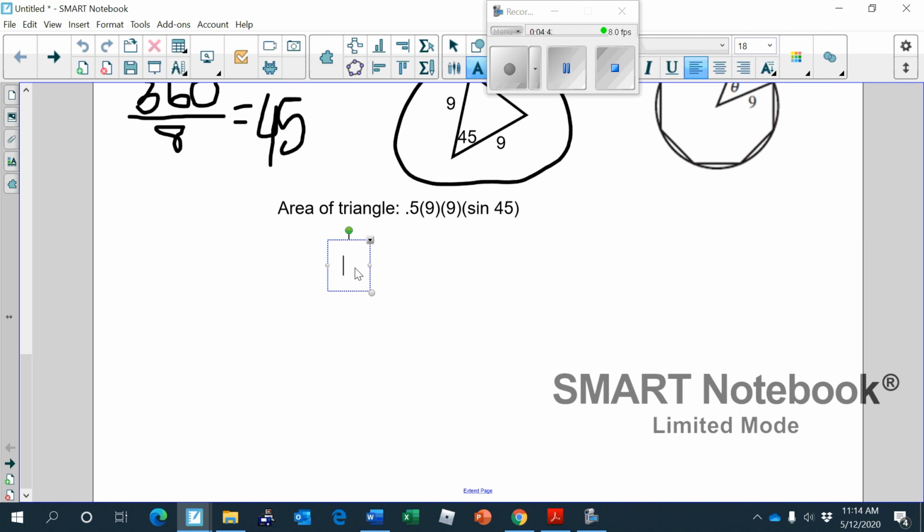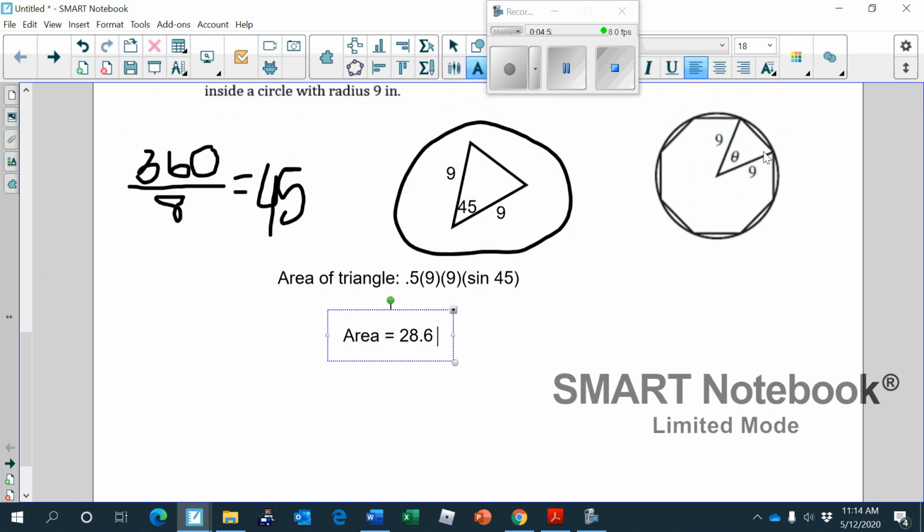What we should get is that the area of that one triangle is approximately 28.6. That's just one triangle. I want to know what the whole octagon is, right? Aren't there going to be 8 triangles that fit into this octagon? There sure are. So what am I going to do with this 28.6?